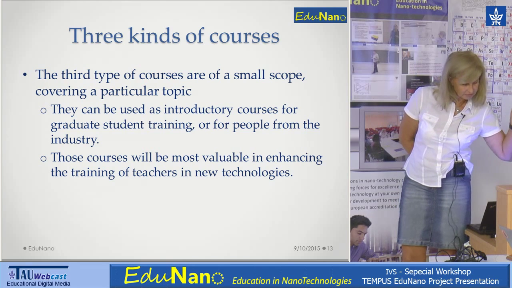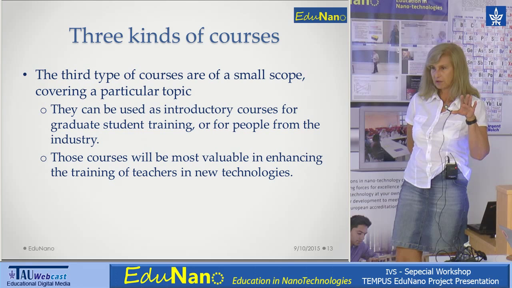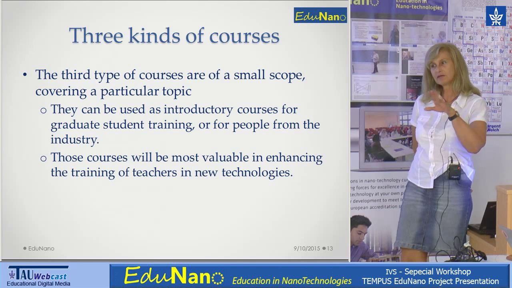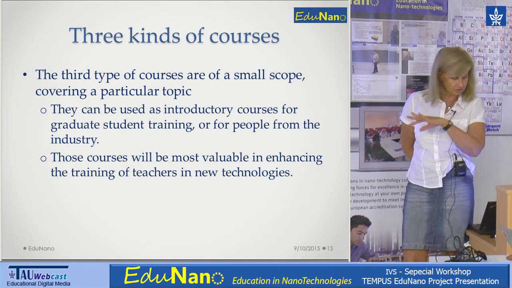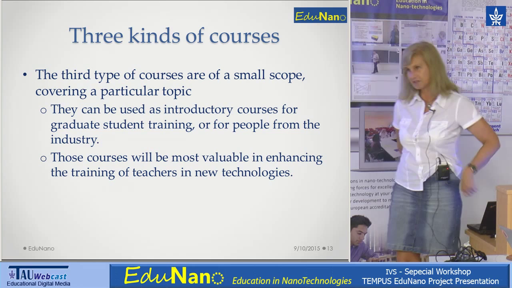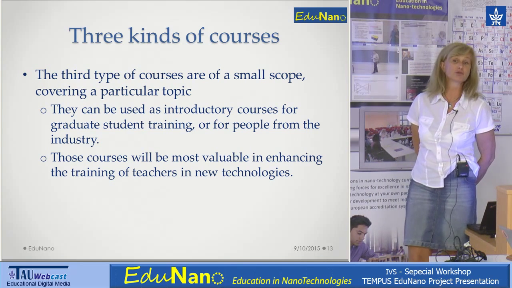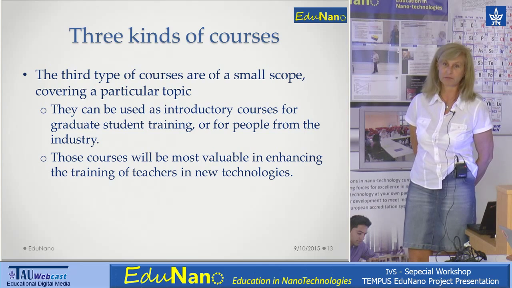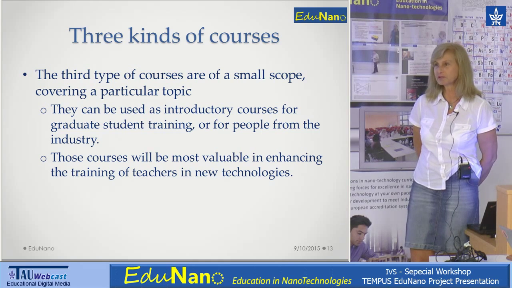Then we have courses for high school students and some introductory courses for graduate students training. We will have a presentation by Ron Blonder on the high school courses, which are very valuable because nanotechnologies are very new, but already they exist.